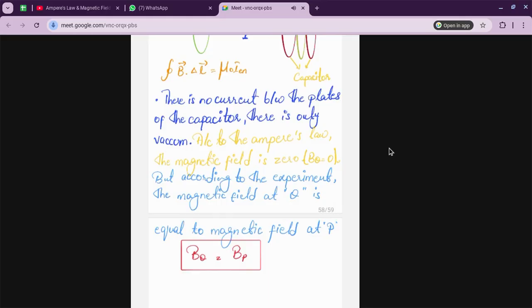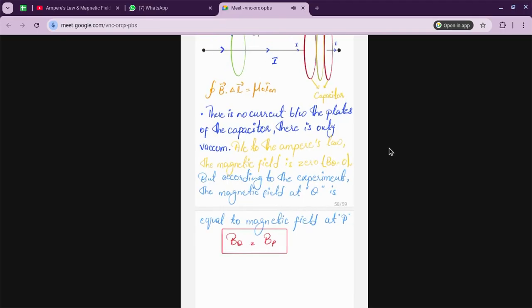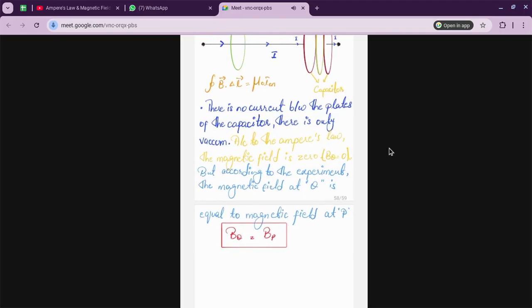But how is Ampere's law wrong? No, you can't say that. It means that there is something else that generates a magnetic field other than the current. Because we know that there is no current flowing in between the plates.